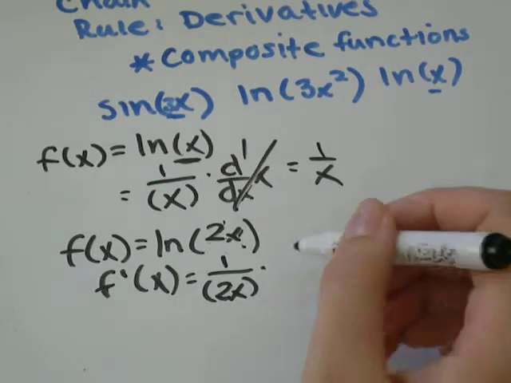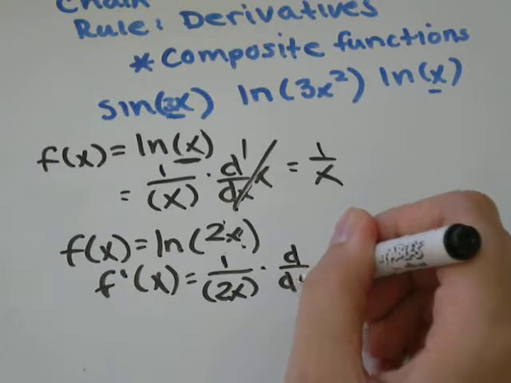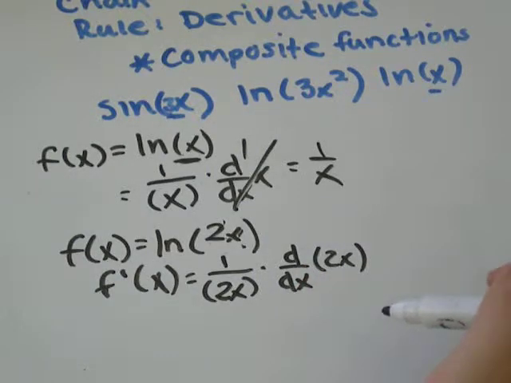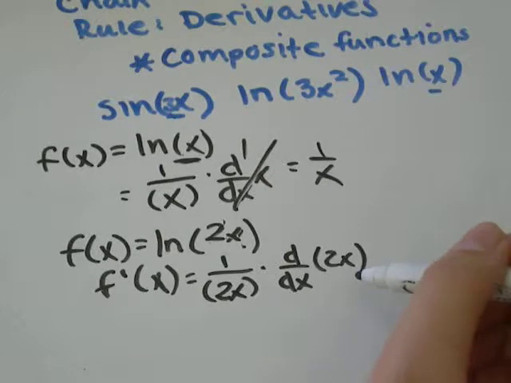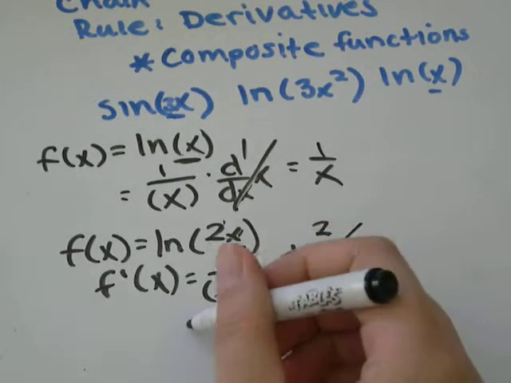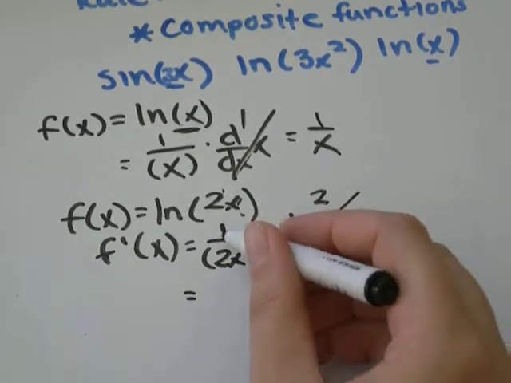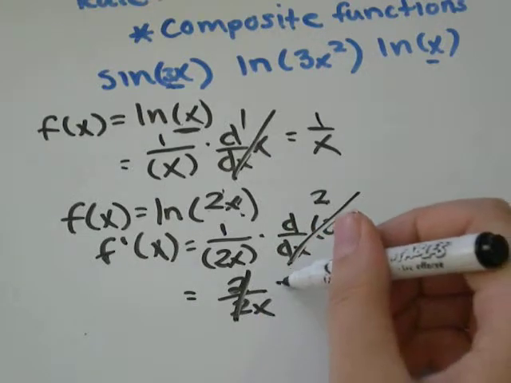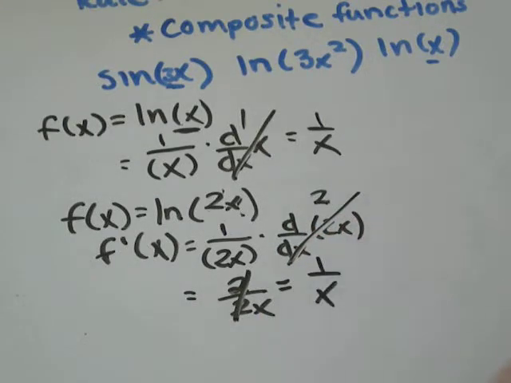And then we have to multiply by the derivative of whatever was in the brackets. The derivative of 2x would just be 2 times the derivative of x is 1, so that would just be 2. So that would be 1 times 2 on the top over 2x. Your 2's will cancel out, and you'll be left with 1 over x. So the derivative of log of 2x is 1 over x.